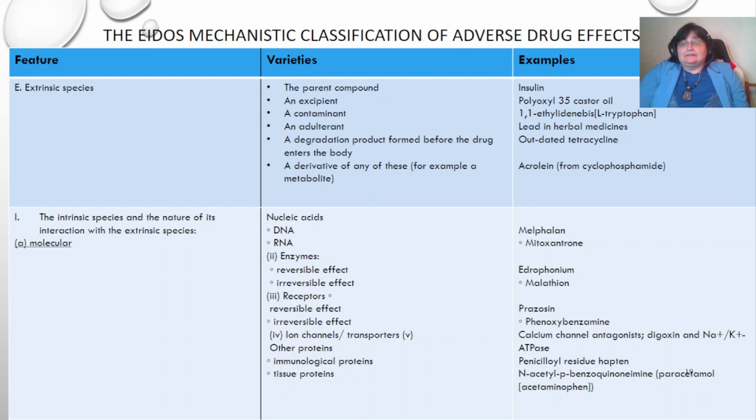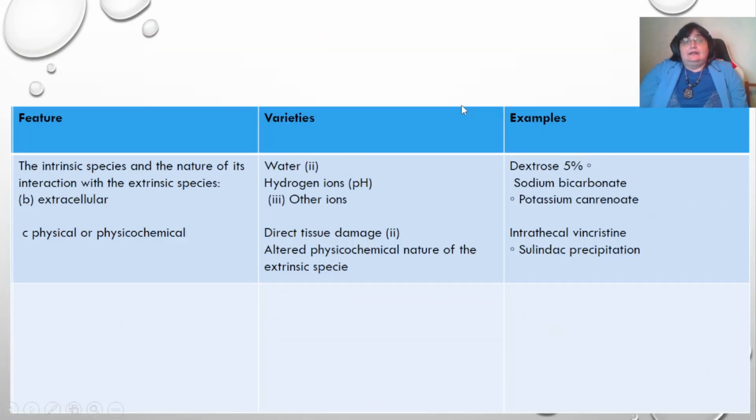Ion channels and transport: calcium channel antagonism, digoxin, for example sodium-potassium ATPase. Other proteins: immunological proteins, penicilloyl residue hapten, tissue proteins, and acetyl p-benzoquinone imine, paracetamol, for example acetaminophen. Another one is the nature of interaction with the extrinsic species that is extracellular.